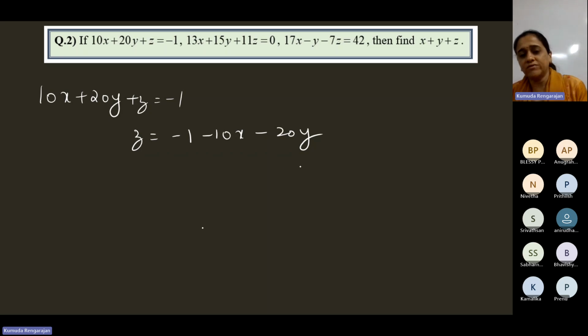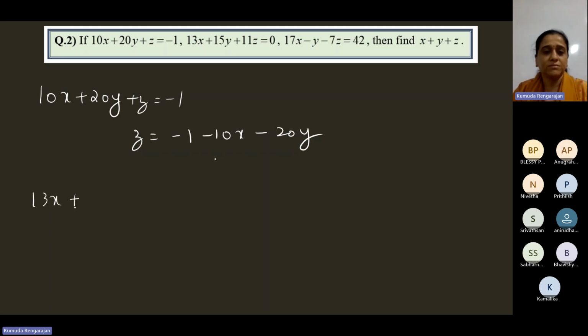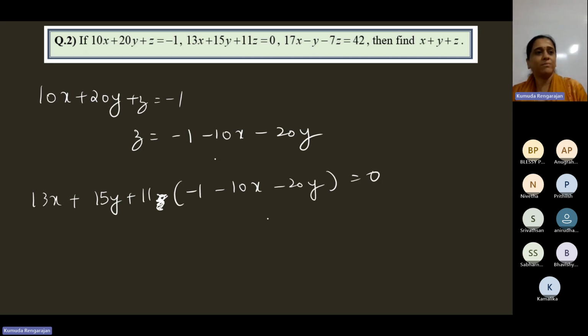Now in the second equation, 13x plus 15y plus 11z, instead of z, use minus 1 minus 10x minus 20y, is equal to 0. So what will happen?